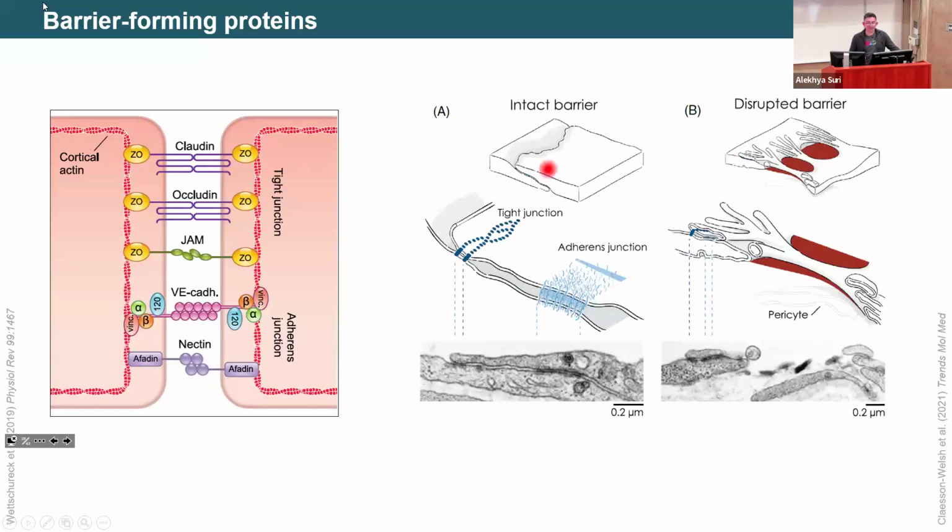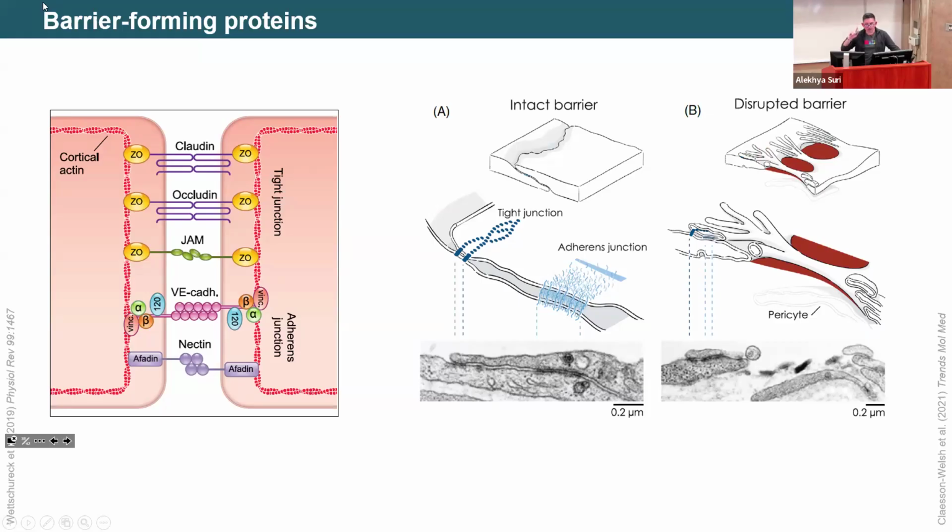In endothelia with intact barriers, you have a really good overlap of the tight junction and the adherence junctions so that the contact between two endothelial cells is very good. But when there are pro-inflammatory signals that lead to barrier disruption, usually the adherence junctions are disassembled and the tight junctions remain in place. And that basically helps the two cells to remain attached, but to also increase the permeability.